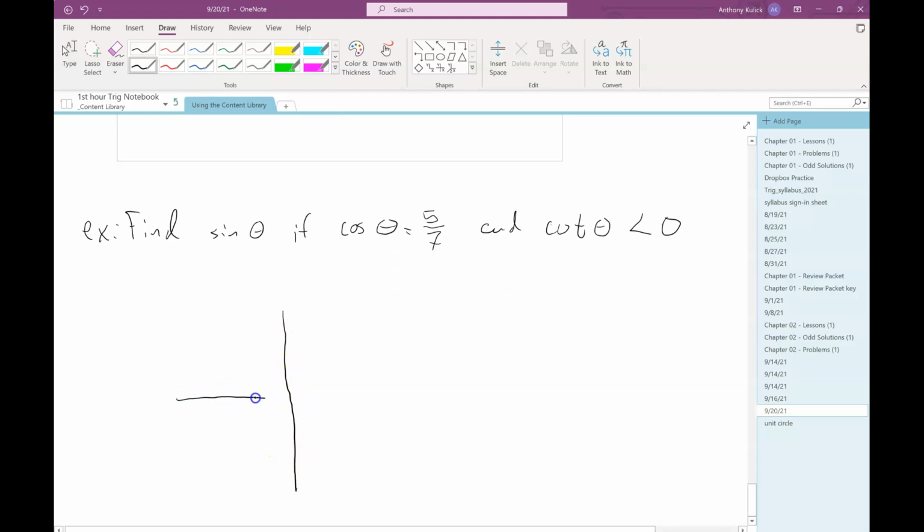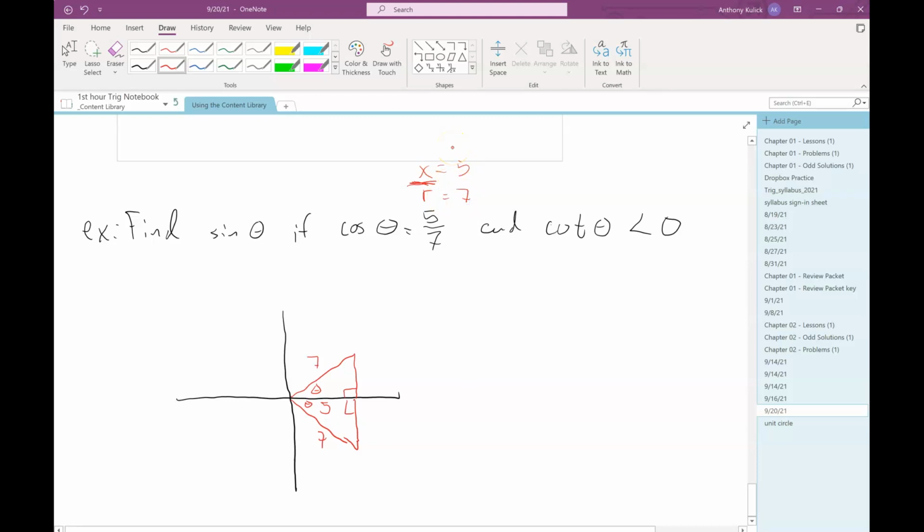If I draw a picture here, cosine is x over r, right? So either my triangle is going to be here, or my triangle would be here, because the x-coordinate has to be positive 5. And the radius is always positive because it's a distance.